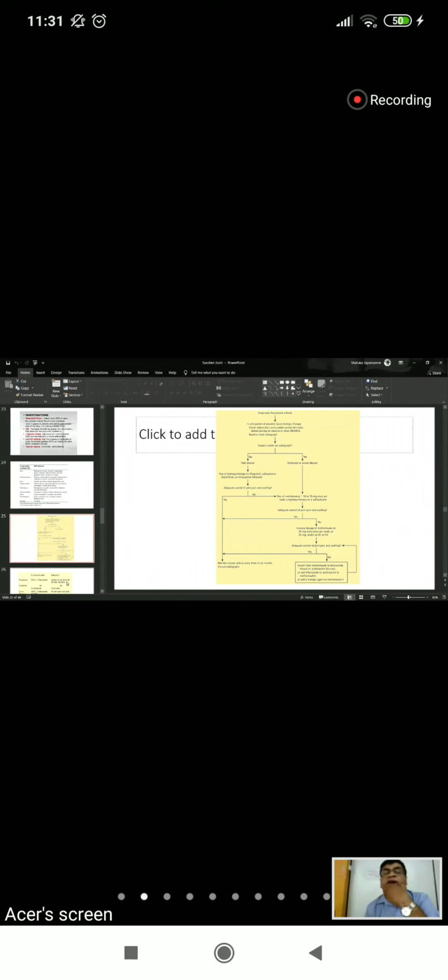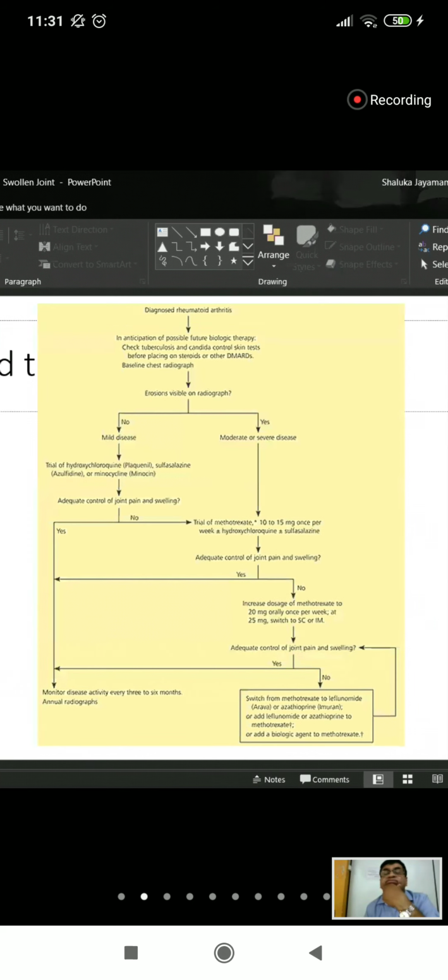So if you look at the diagnosis here, I'm sorry, this is in very small letters. We have to do X-ray usually to see whether there are early joint erosions. If there are no erosions, we know it's a mild disease, and then we can treat with hydroxychloroquine sulfate or minocycline, but what we usually use is chloroquine.